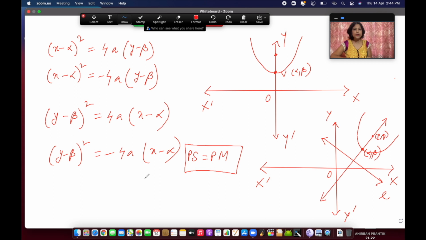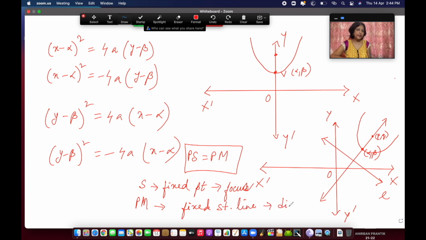PS equals PM, where S is the fixed point called the focus and PM is the perpendicular distance of the point P from a fixed straight line, called the directrix. Right? Now, if the axis of the parabola is parallel to the x-axis, then the equation of the parabola is given by, let me write and show.